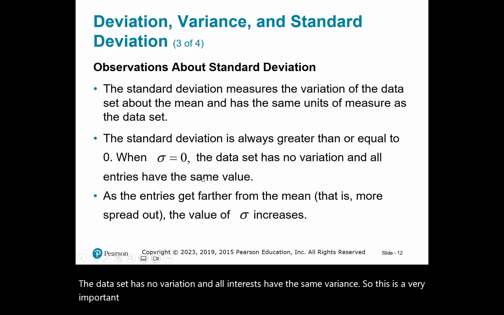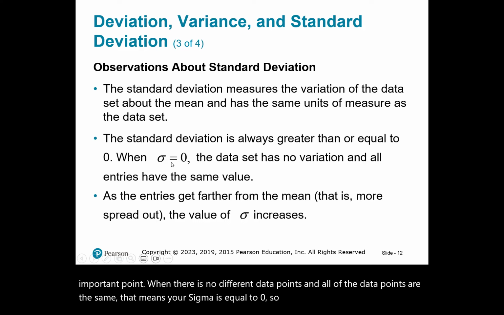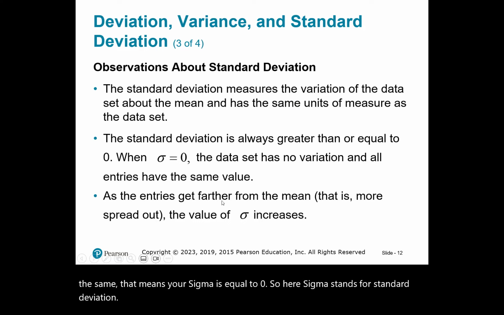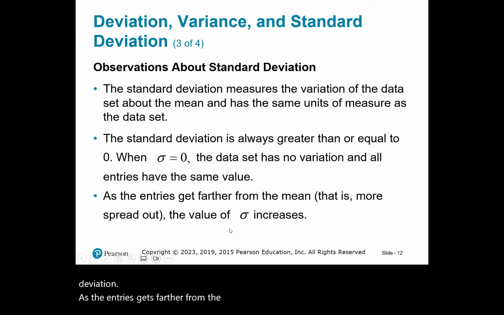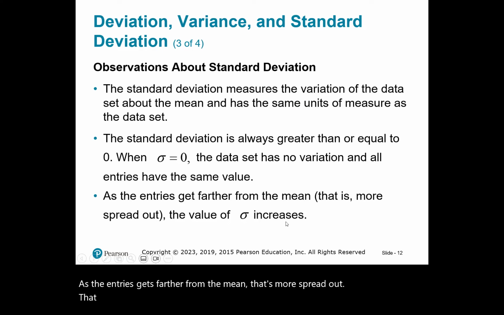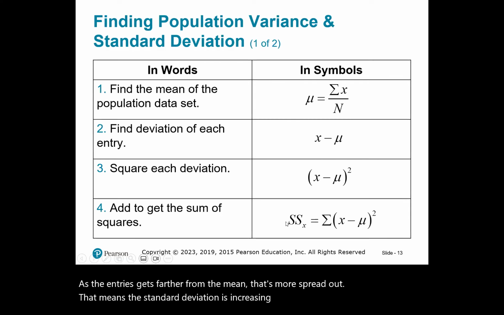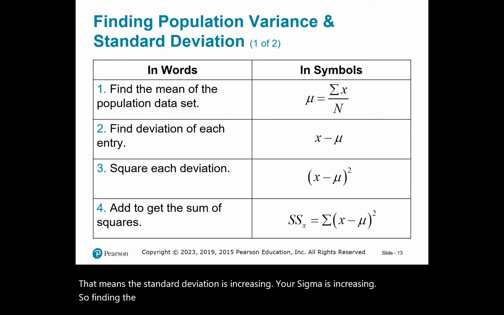When all of the data points are the same, your sigma is equal to 0. Here, sigma stands for standard deviation. As the entries get farther from the mean, that is, more spread out, your standard deviation, your sigma, is increasing.